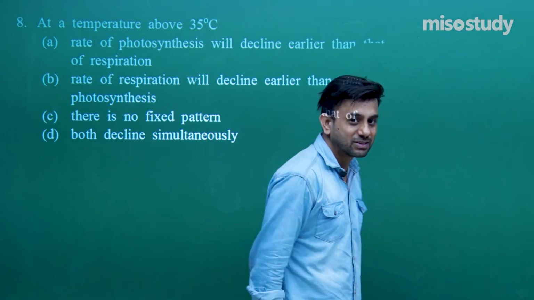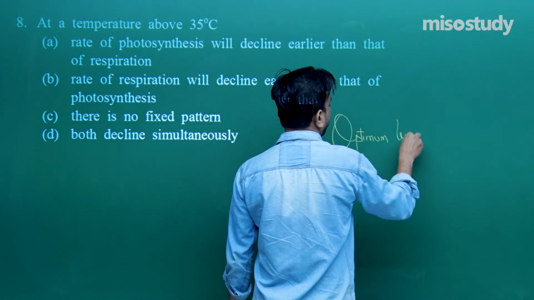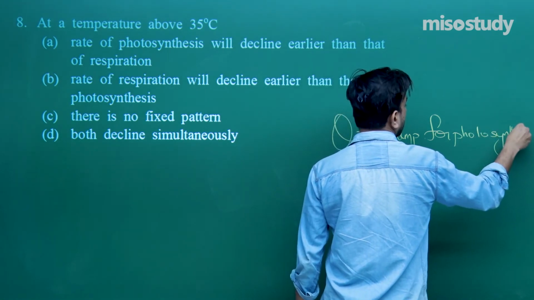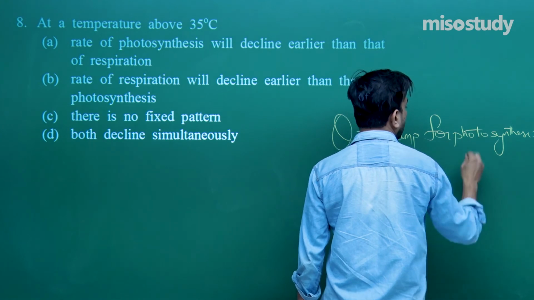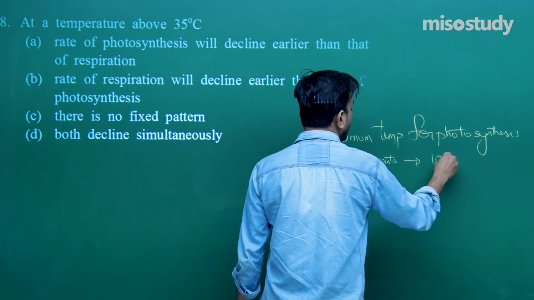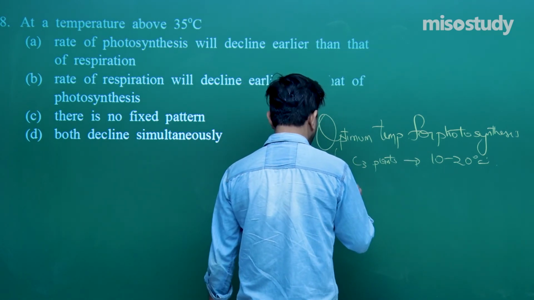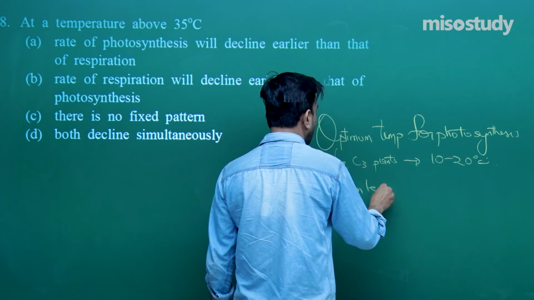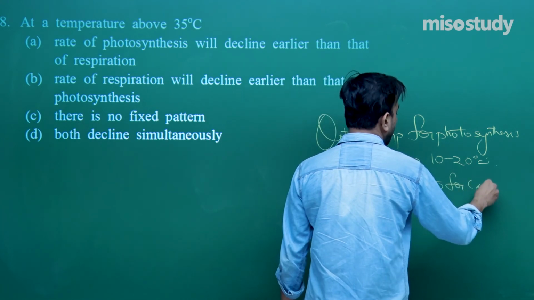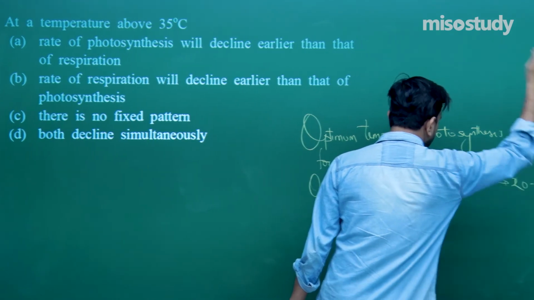The optimum temperature for photosynthesis for C3 plants is 10 to 20 degrees centigrade, and the optimum temperature for photosynthesis for C4 plants is 20 to 35 degrees centigrade.